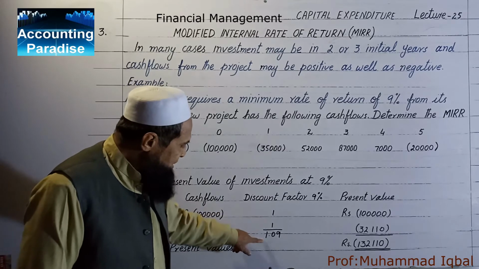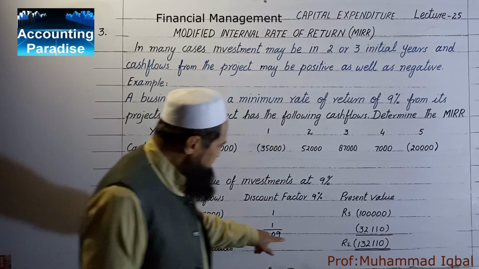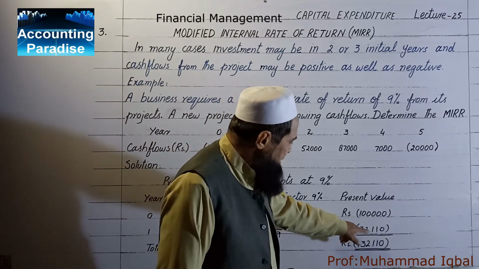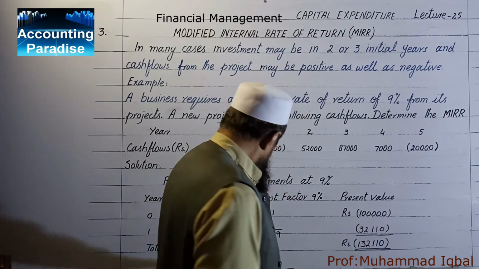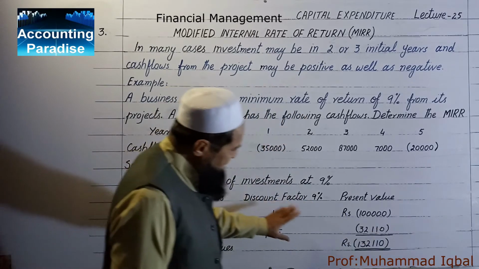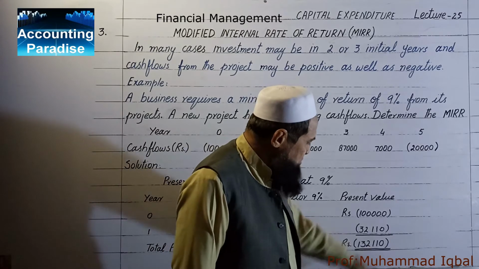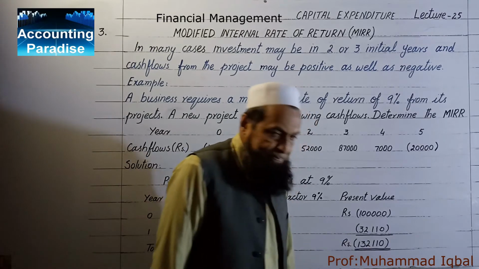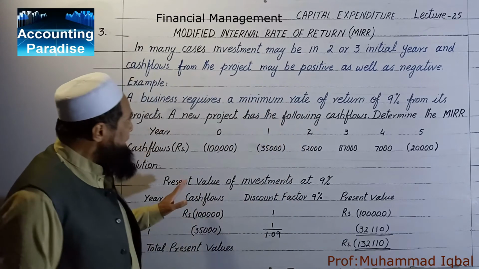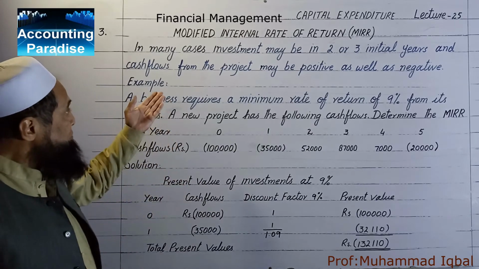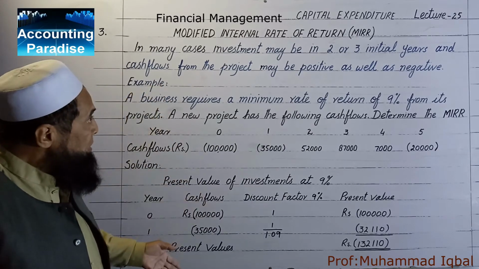For 35,000, when we calculated the present value, it is 32,110. The total present value of investments is 1,32,110.